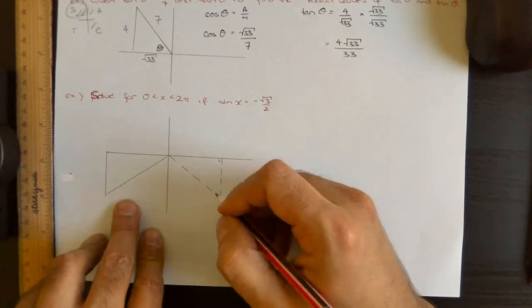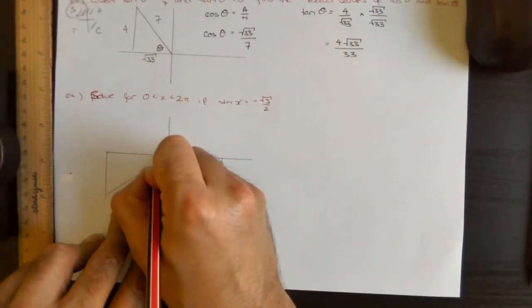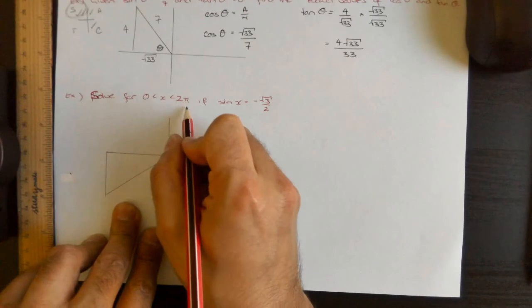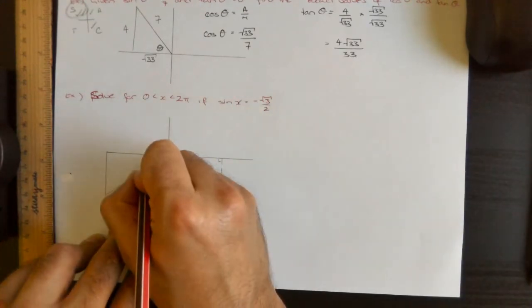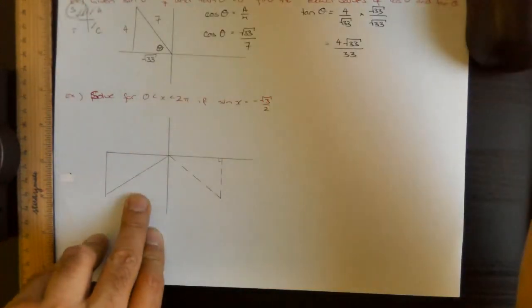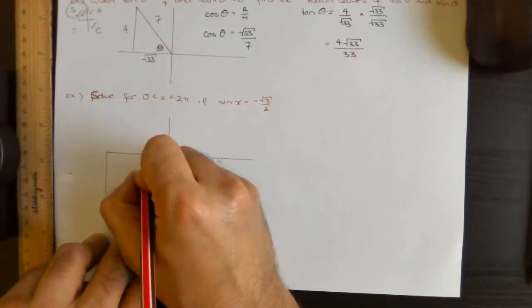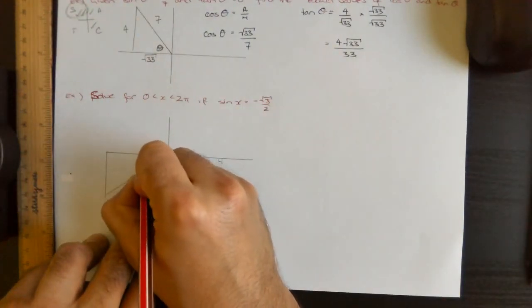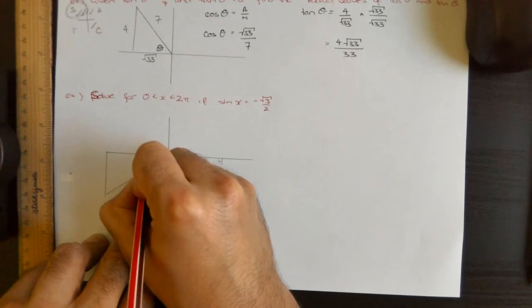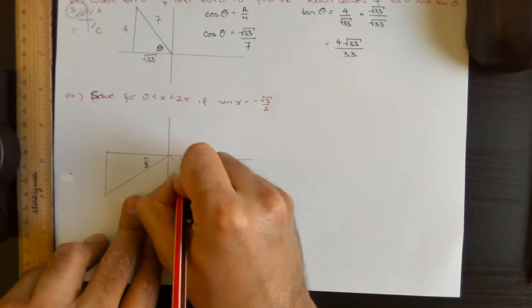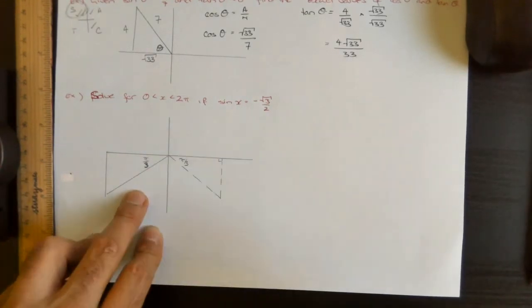Okay, so we said it's going to be 60 degrees. We're in radians, so let's use radians, right? It's 60 degrees, so it's pi on 3. And it's also here pi on 3.